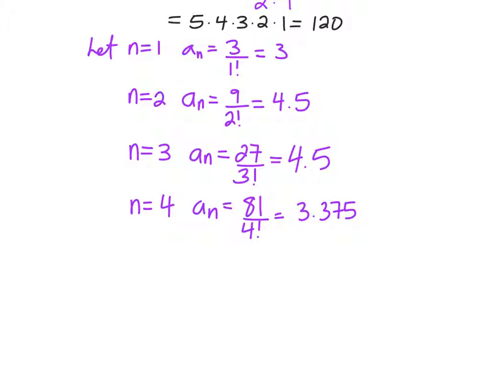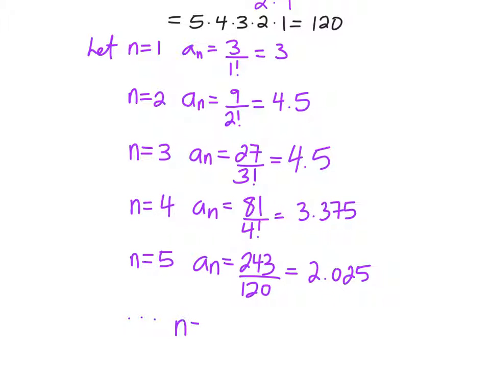All right, so it seems to be bouncing around a little bit here. So maybe you try the next value, but maybe you say, okay, let me skip a few. I'll try the next one and then I'll skip a few. 3 to the 5th, 243 over 120, which is 2.025. And then skip a few and let me do n equals, can it handle 10?